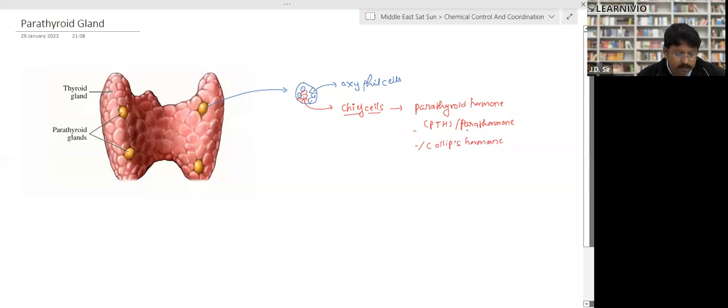Please start noting down. Take the screenshot. The parathyroid gland is located on the posterior lobe of the thyroid gland.